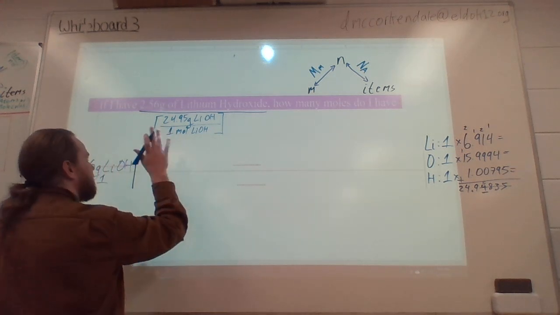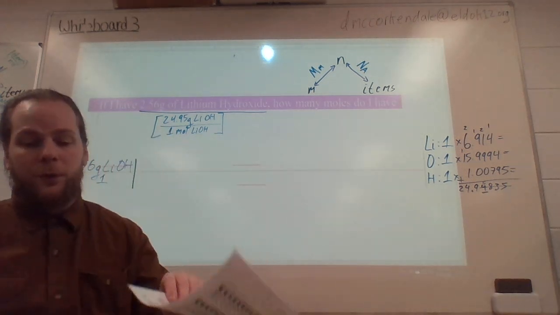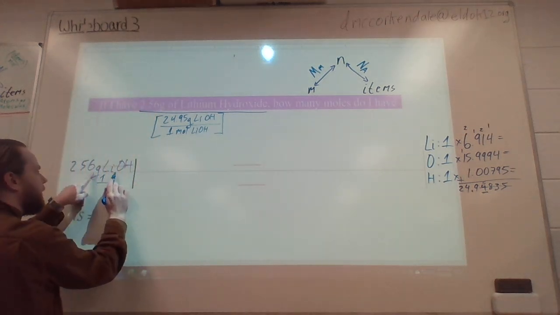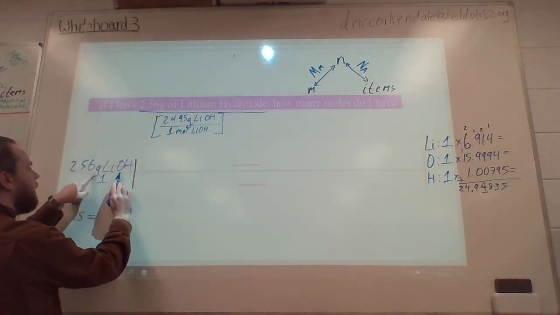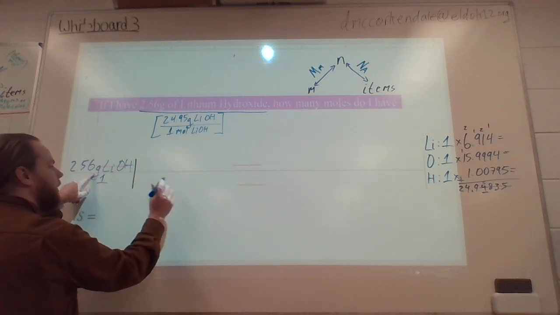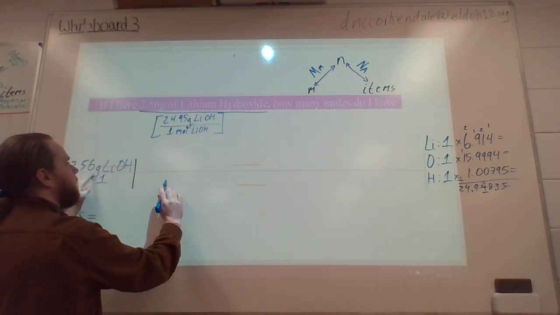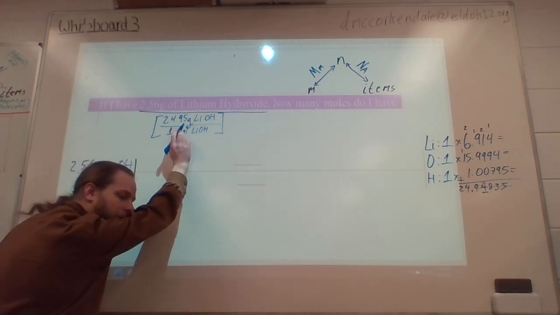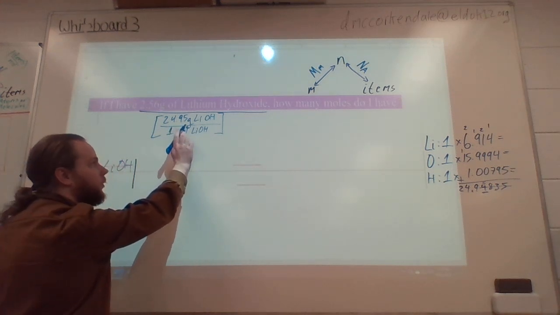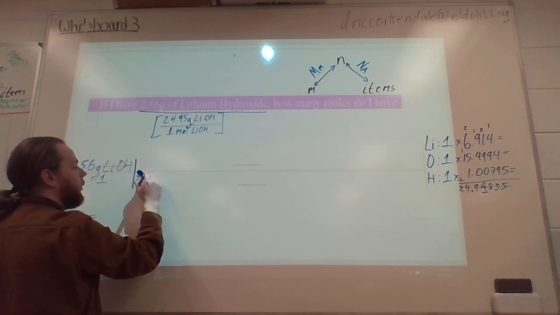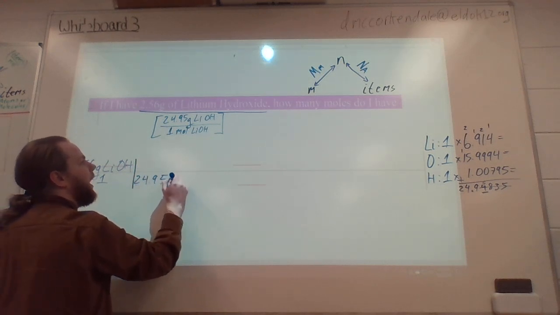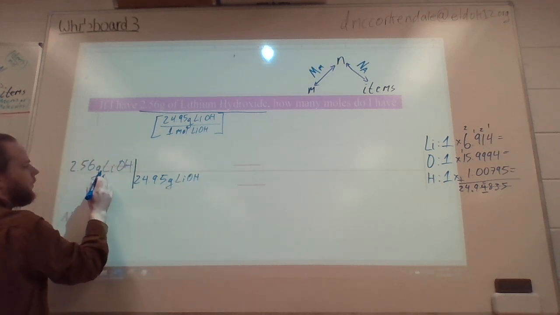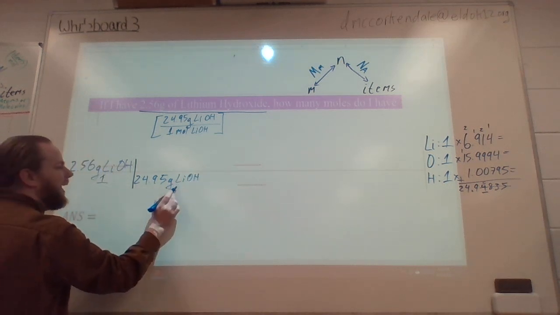And then we have to ask, does that go in right side up or does it go in upside down? Well, we have grams of lithium hydroxide here. So we need grams of lithium hydroxide to be on the bottom. Well, it's in the numerator the way this is written, so we do in fact have to flip this when we enter it. The 24 has to go on the bottom this time so that grams of lithium hydroxide can cancel.